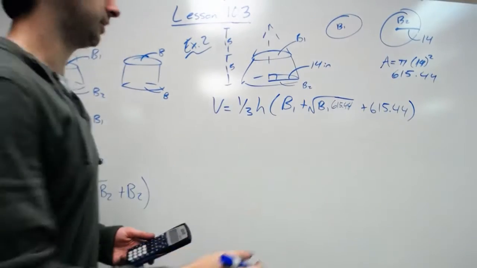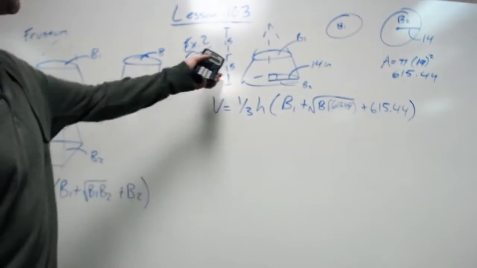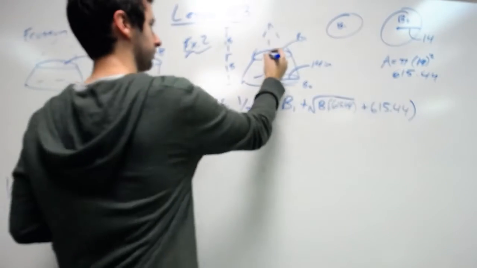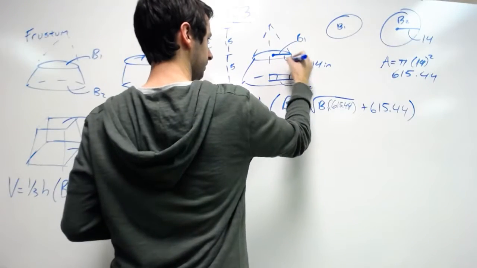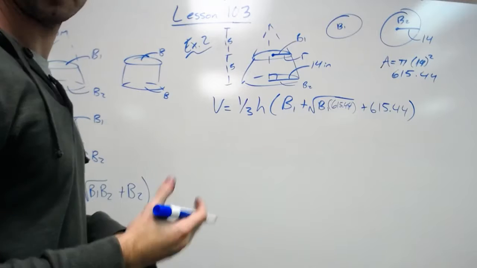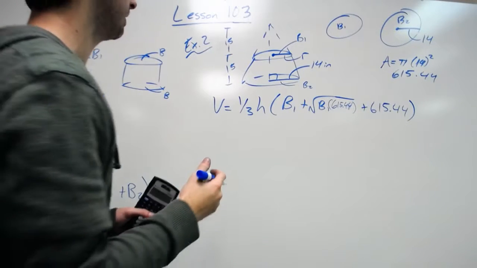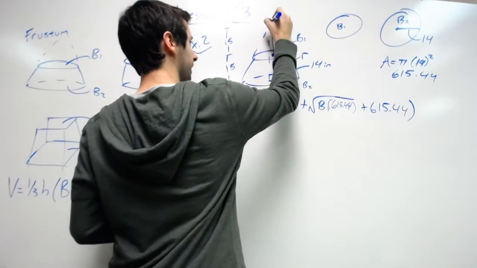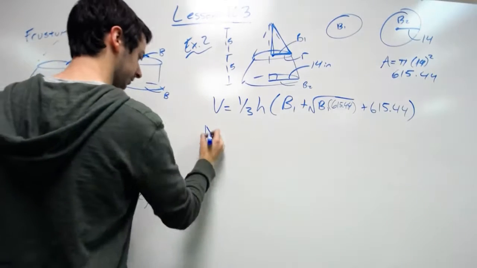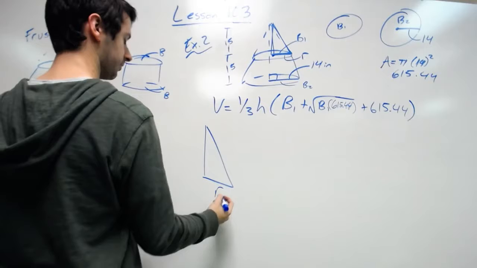Now we need to find base 1. Base 1, now that's tricky. We don't know the radius. So how could we find that radius? Well, just to cut to the chase here, what I can do is imagine creating a triangle here. All right, I'm going to isolate this triangle. Now in this triangle, we know this is the radius.